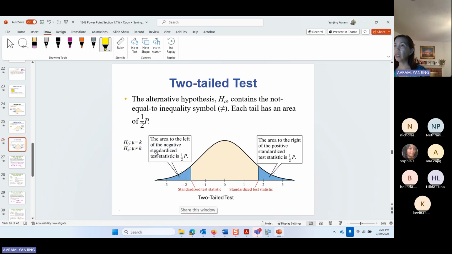If the alternative is not equal to, that will be the two-tail test. Not equal to can be one part on the left and one part on the right, and each part will be half of the p-value, okay? So that's the two-tail test.